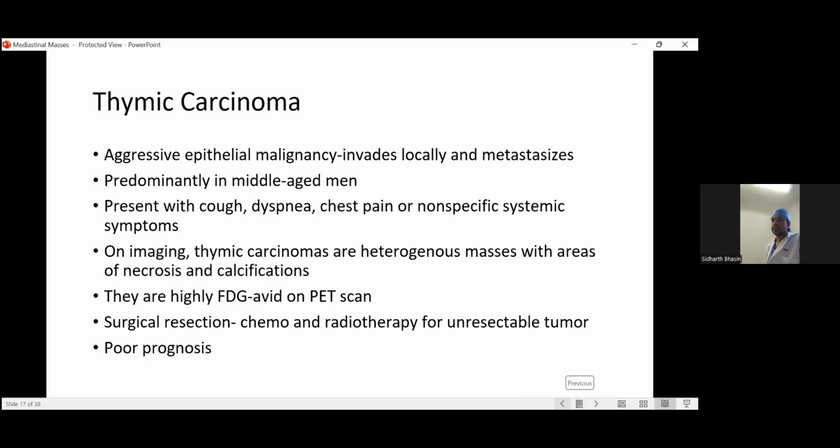They're highly FDG avid on PET scan, so PET scans are very helpful for thymic carcinomas. Again, the treatment of choice is surgical resection, and after that they would need chemo and radiotherapy most of the time. If it's unresectable, then just chemo and radiotherapy. Thymic carcinoma is one of the poor prognostic tumors.